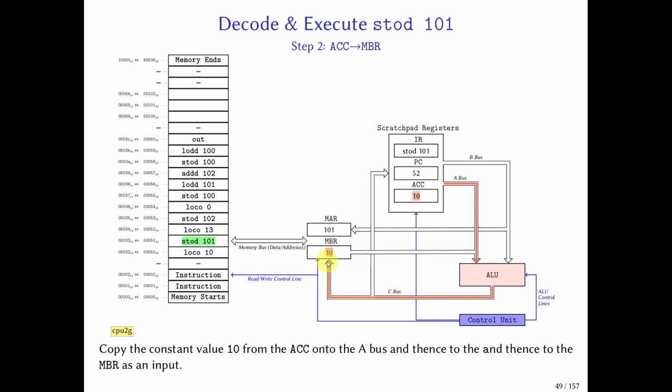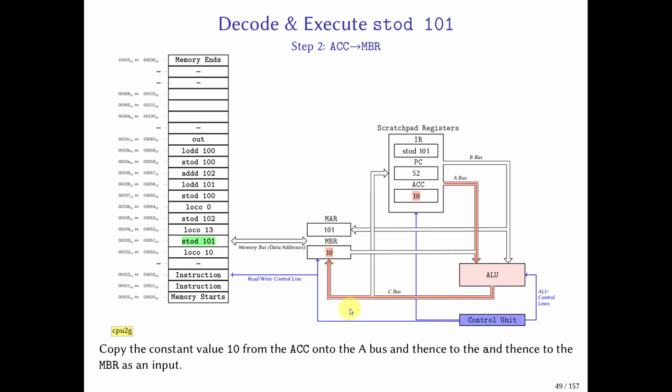Now you might say to yourself, well, why does it go through the ALU? Well, remember that the network of buses inside the CPU is unidirectional, so there is only one route that can be taken by the value 10 as it travels from the accumulator to the MBR, and that is through the A bus and then down through the ALU without any change and then into the MBR.